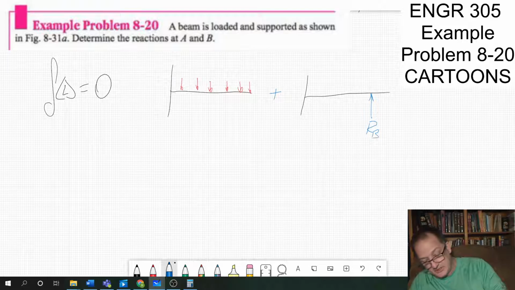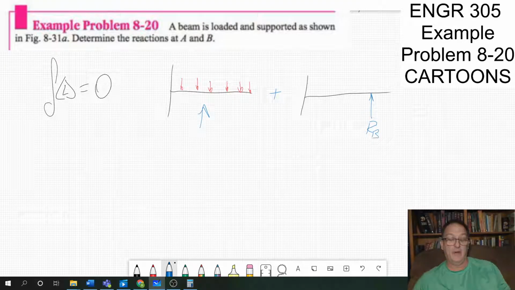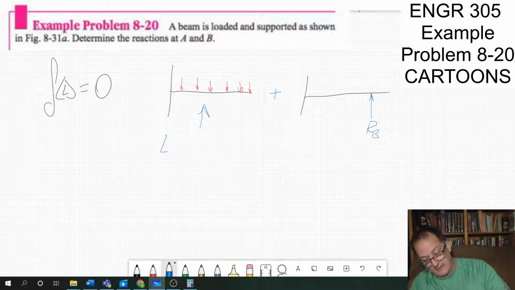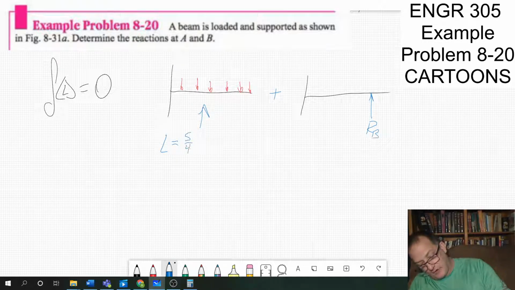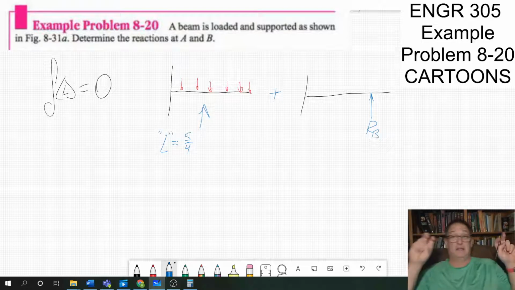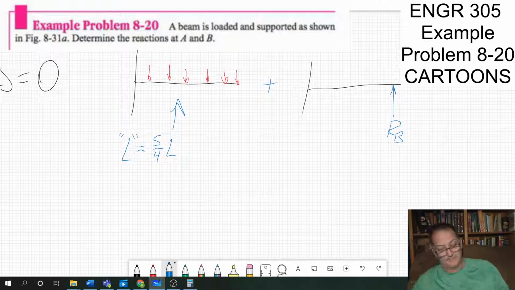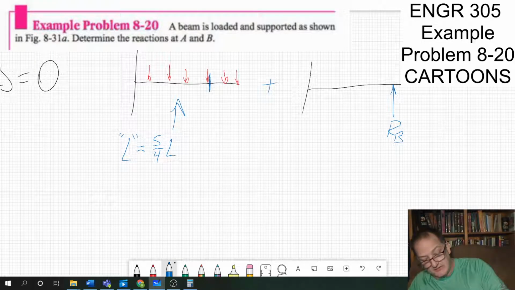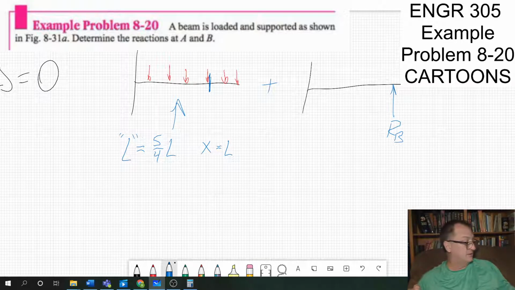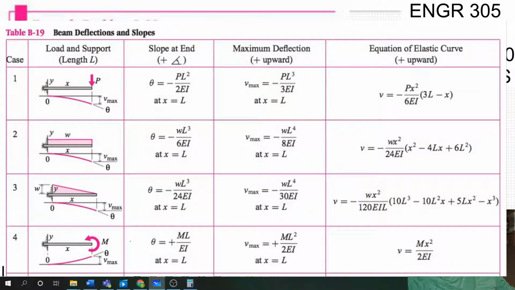For this situation, what we have to pay attention to is that the length of the beam is equal to 5/4 L. And where I'm interested in the deflection, X, is not at the end, but it's equal to L. So I'm going to use the equation of the elastic curve, which gives me the deflection as a function of x.